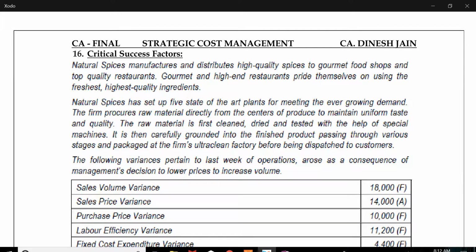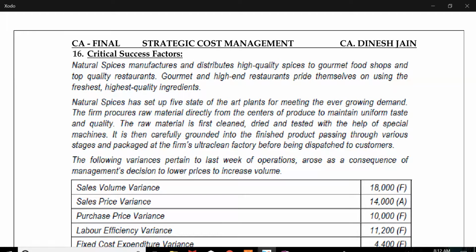Now in this case, Natural Spices, what will be the critical success factor? It is quality product. They pride themselves on the quality of the product. So what my customer needs here is quality of the product. They are not, to a great extent, bothered about price. If you can ensure quality, they may pay a premium for it. Example, Apple phones.